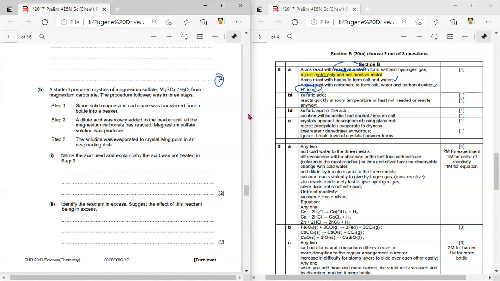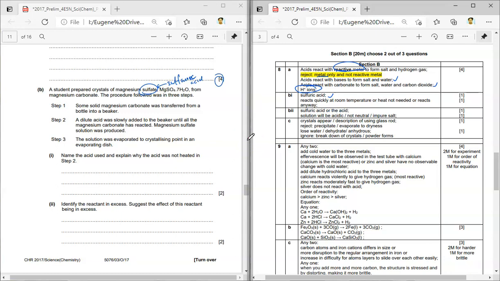Okay, so first, it should be sulfuric acid because I want to form magnesium sulfate. The sulfate here tells you that I need to use sulfuric acid. So the back part of the salt name tells you what acid you should use. And explain why the acid was not heated.